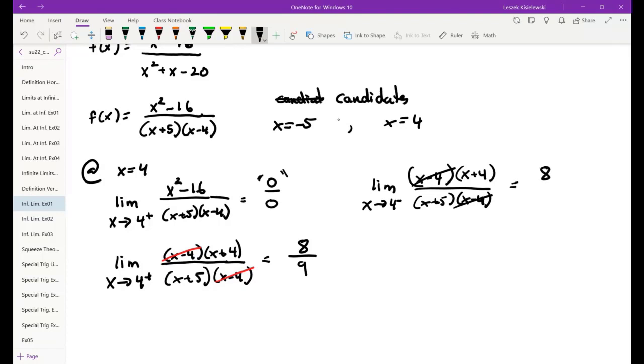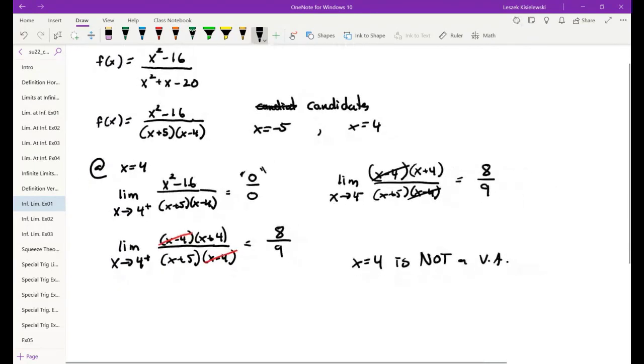And that doesn't change anything, right? Because we still get that x minus 4 cancellation, and then we get 8 over 9. So that's finite. So here x equals 4 is not a vertical asymptote because neither of the one-sided limits was infinite.